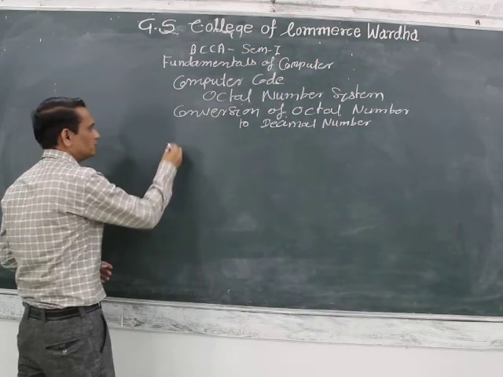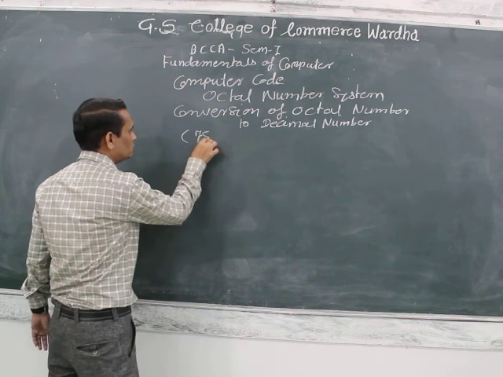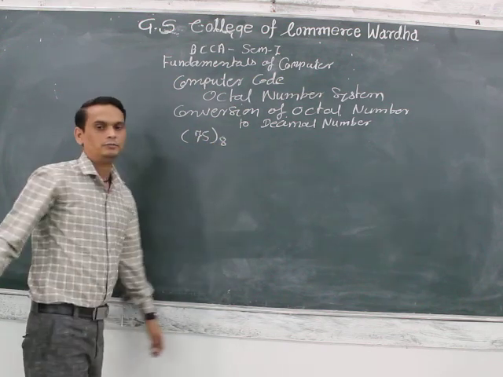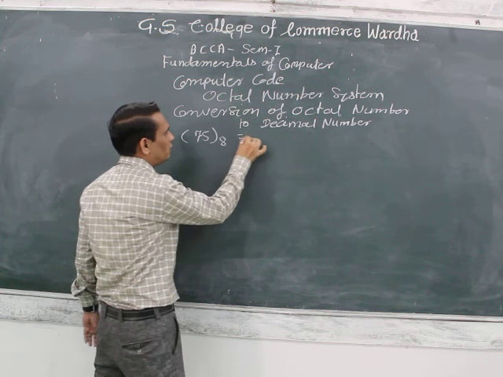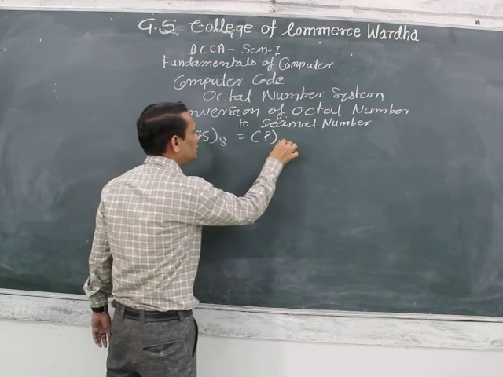For example, if we have the octal number 75, we can find what value it will represent in decimal.